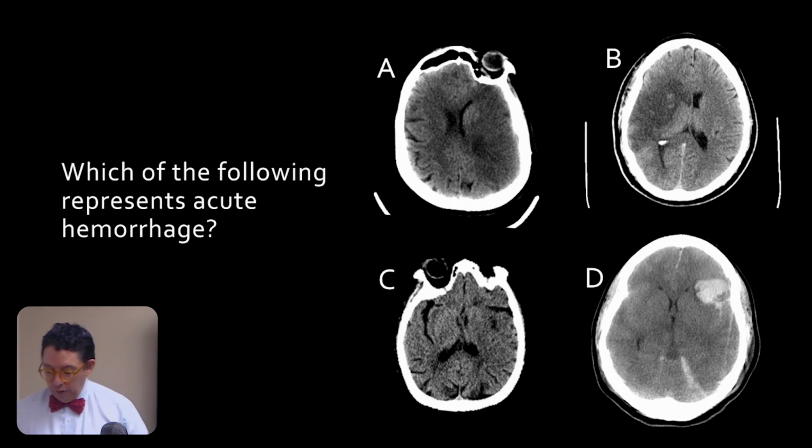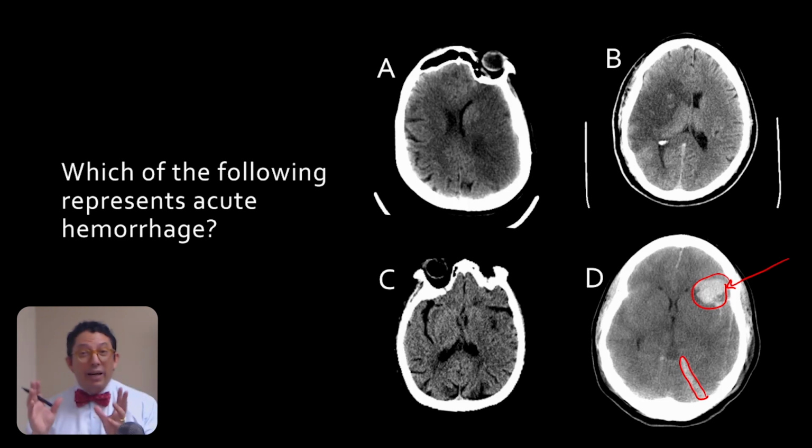So by careful detection, I'm sure that you saw that part and that one being hyperdense. But if you also were really paying attention, you saw that these little regions here, this one, and these, were also white.